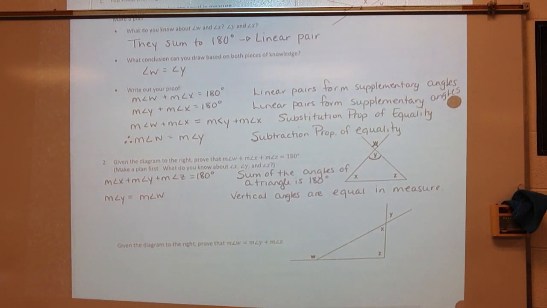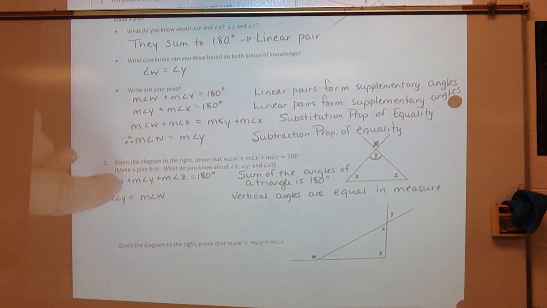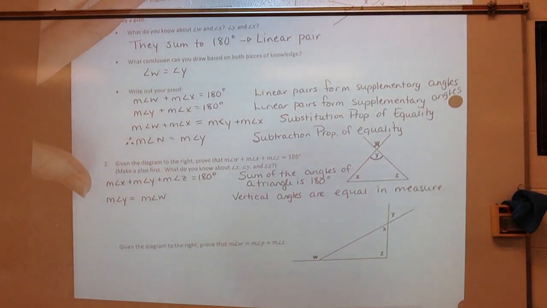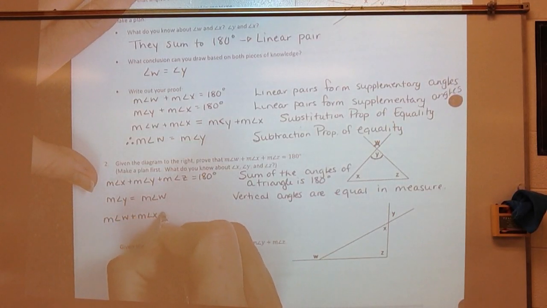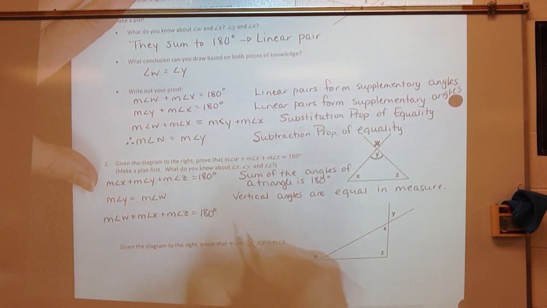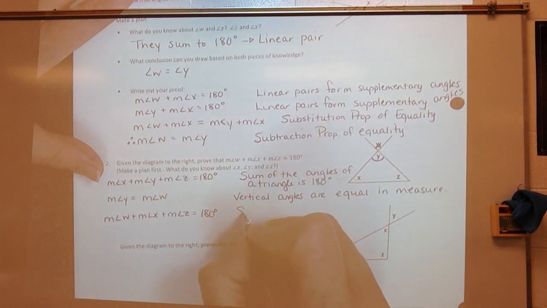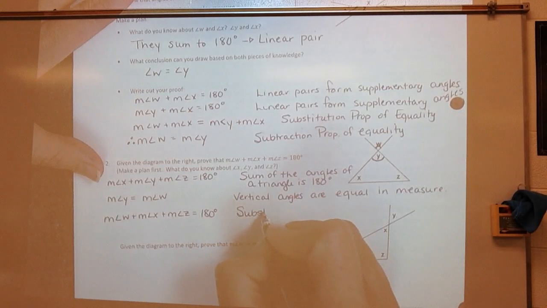I can by substitution. Now that I've proven that Y is equal to W, I can plug in the measure of angle W for the measure of angle Y. So the measure of angle W plus the measure of angle X plus the measure of angle Z is equal to 180 degrees. And that is simply, I'm substituting that in.